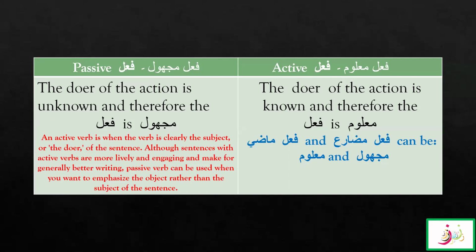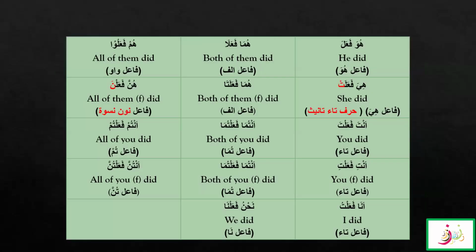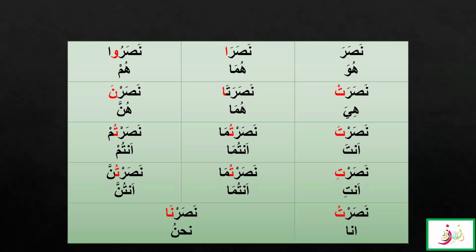So these are the two main purposes of fa'il majhool. We did the chart for فعل ماضي معلوم: هو فعل, هما فعلا, هم فعلوا, and like that we did all the sigas for the فعل ماضي معلوم.